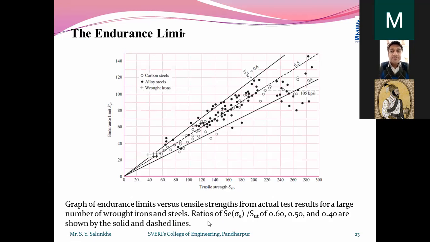The ratio of endurance limit to ultimate tensile strength varies as 0.6, 0.5, 0.4 as shown in this diagram. This diagram is also useful when we design any component under fluctuating stresses.